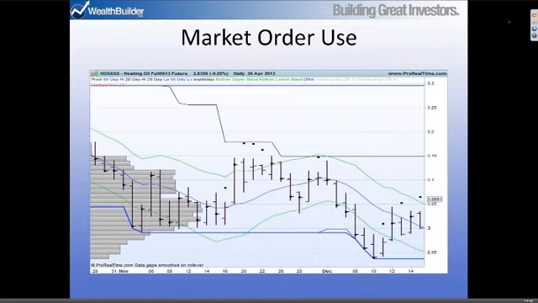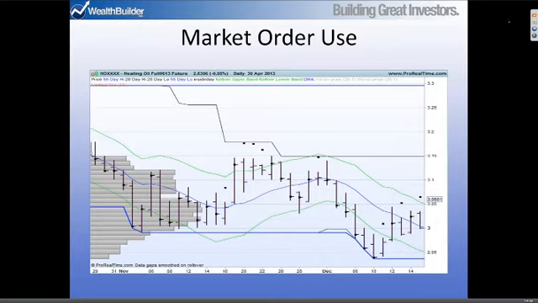What you could do is put a sell market order in, and that would get you in the trade at a price that was very close to the price that you wanted to get into it with. So that's another use for a market order. It's a fast way to get into a trade if you were worried that the trade was going to get away from you.